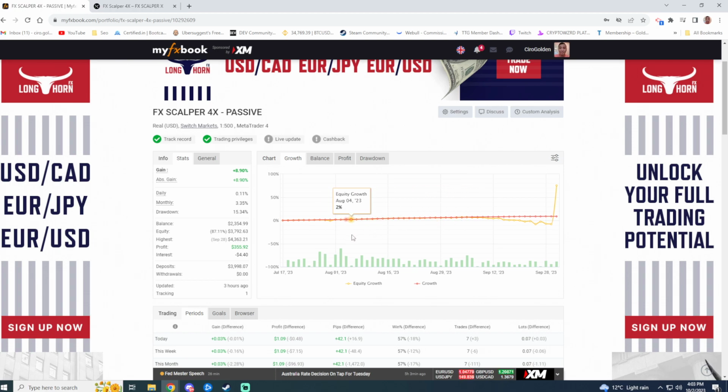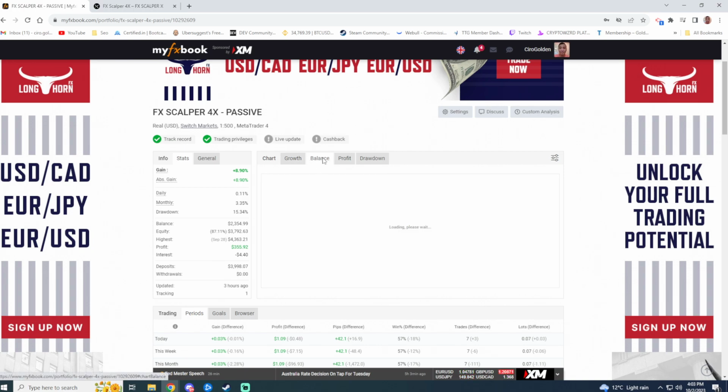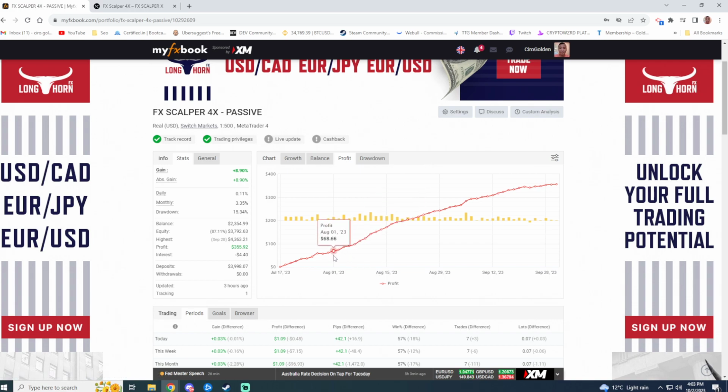It's like we're going up a very, very flat small incline, baby steps almost. We can see here from the first all the way to the very end, the profit is about $256.81. Nice to see that.